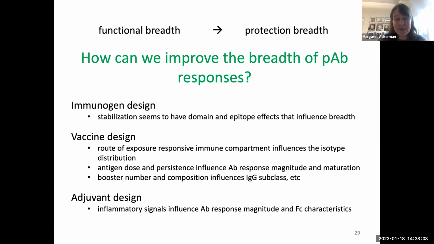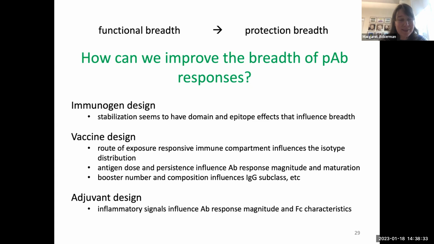Vaccine design, so maybe it's the route of exposure and the immune compartments that are presented with antigen influence the isotype distribution. So we saw IgM and IgA responses being higher or comparable in natural infection and vaccination, whereas IgG responses were clearly elevated among vaccinees.